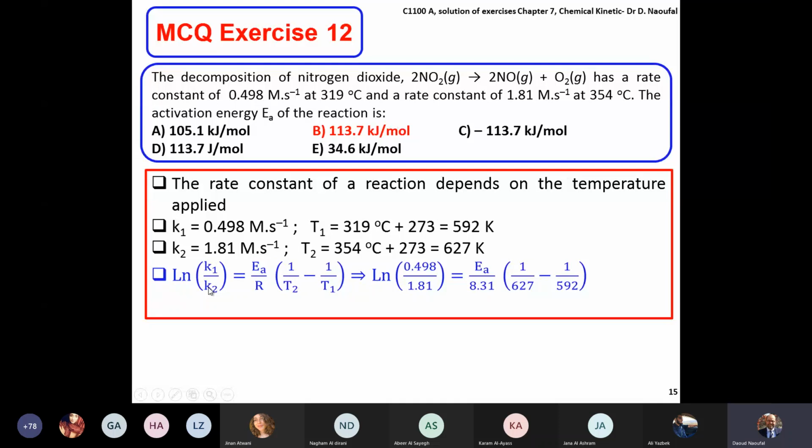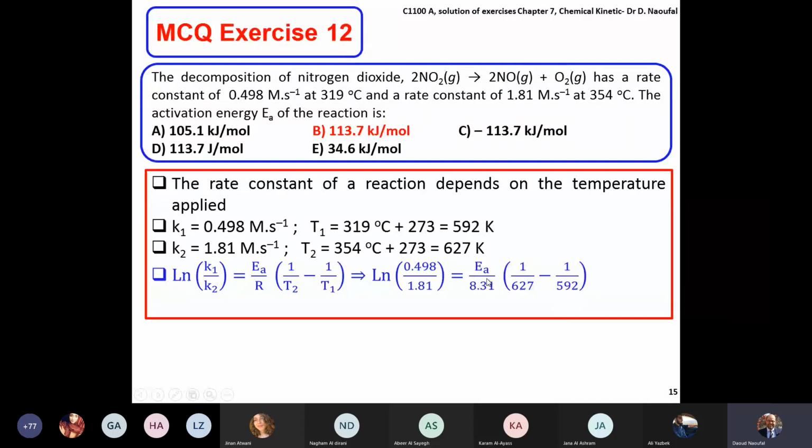k1 is given, k2 is given. We put k1 and k2 by their values, equal to Ea divided by R, which is 8.314 J mol^-1 K^-1, times 1 over the temperature T2 in Kelvin, 627, minus 1 over the temperature T1 in Kelvin, 592.